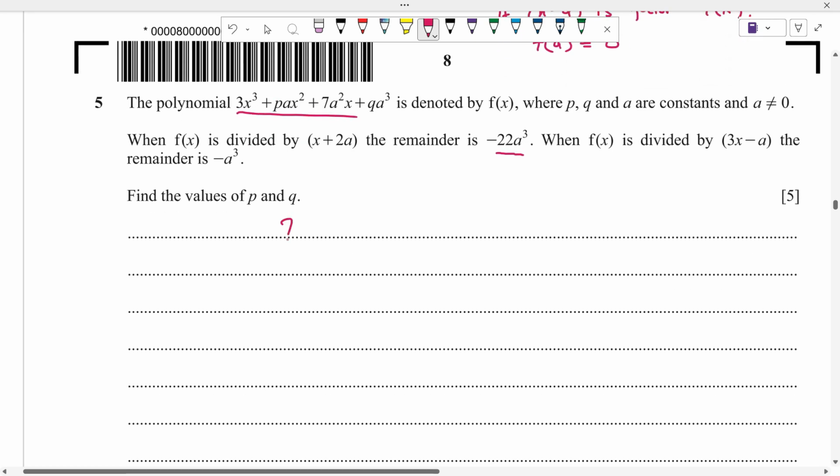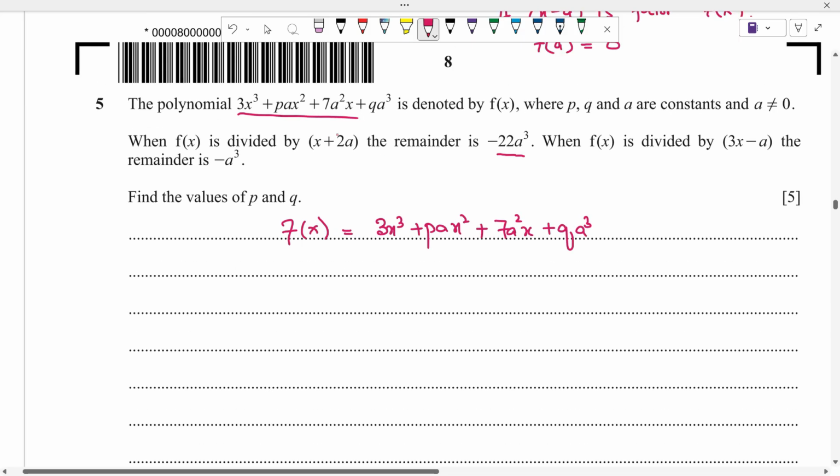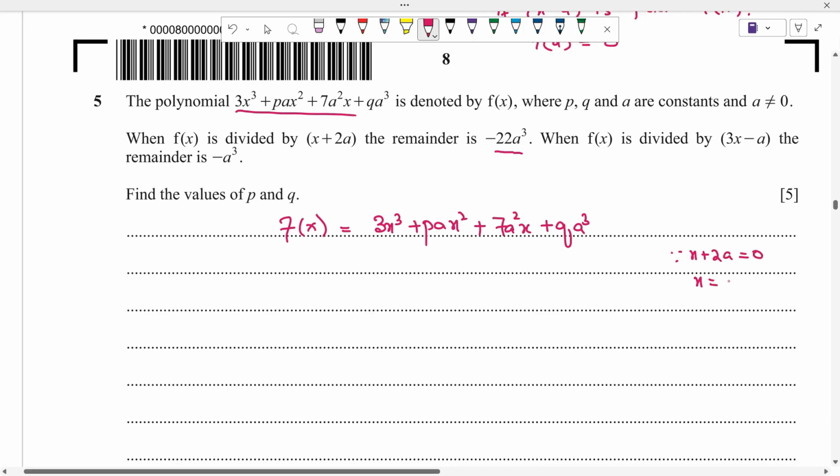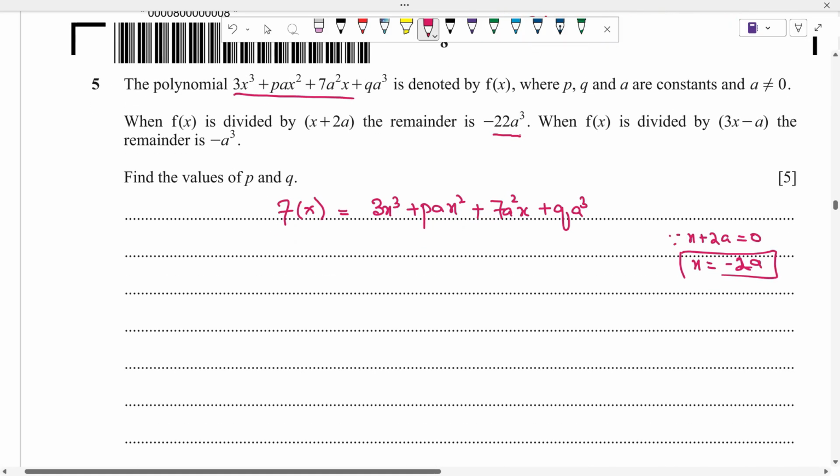So we will use these concepts to solve this question. We have f of x, which is equal to 3x cubed plus pax squared plus 7a squared x plus qa cubed. We have the first factor, which is x plus 2a. So x plus 2a equals 0 and x is equal to negative 2a. When we plug x equals negative 2a in f of x, we will have the remainder negative 22a cubed.